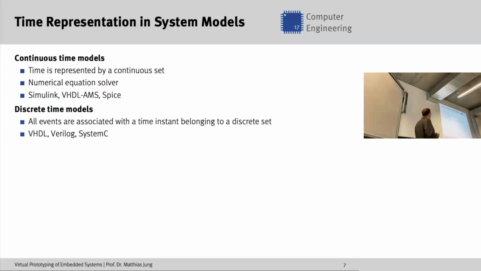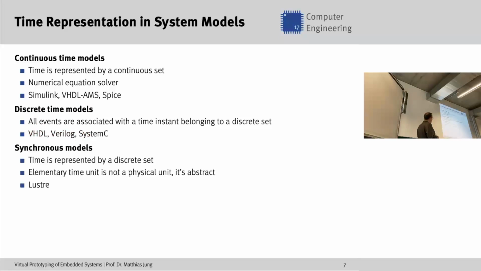Discrete time models, by the way, System C also supports that in the meanwhile. For discrete time models, we usually have VHDL, Verilog, System C; you can do it with those.